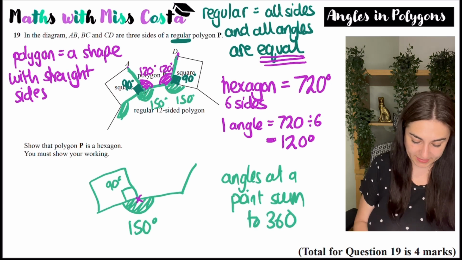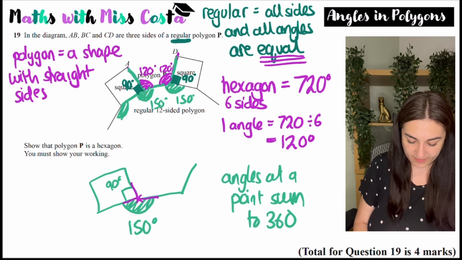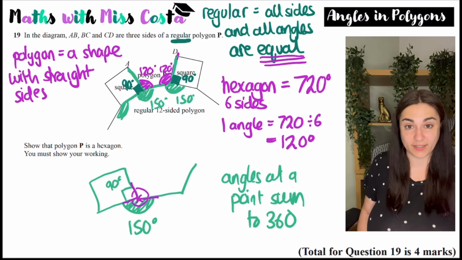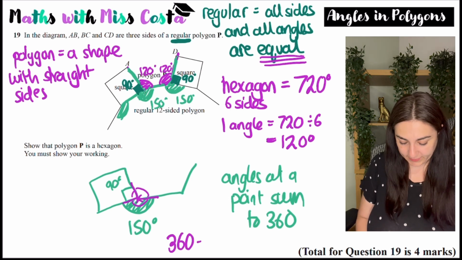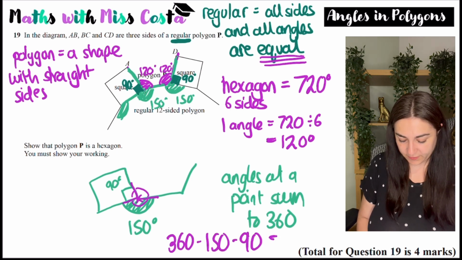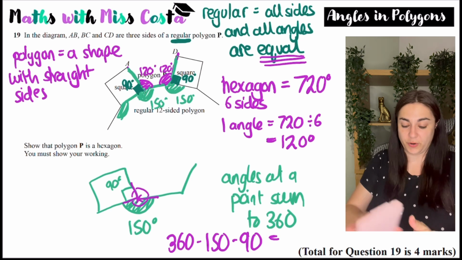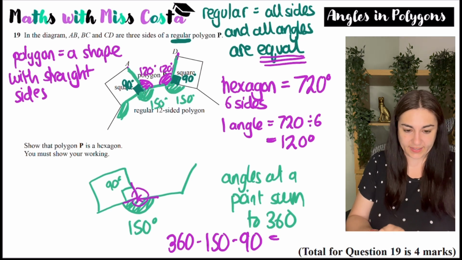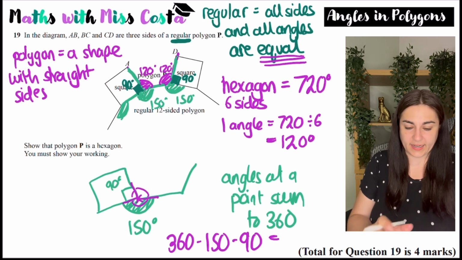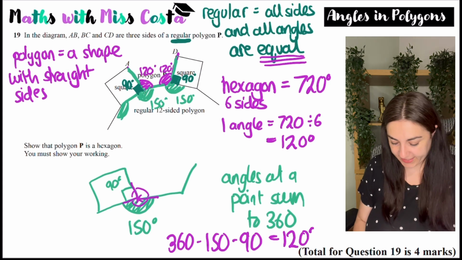And at a point just means here is my point, and these angles here must sum to 360. So I can do 360, take 150, take 90, and if that gives me 120, I have shown that it is a hexagon. So 360, take 150, take 90, equals 120 degrees.